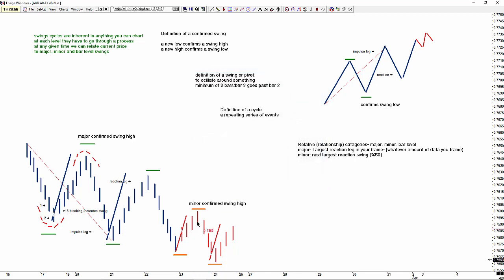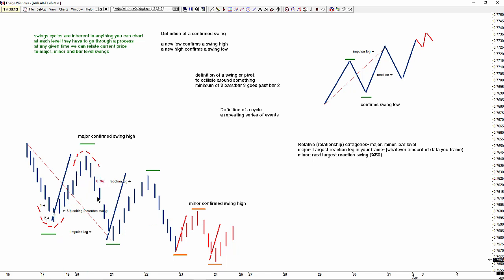Now look, they meet the same definition of a new low confirms a swing high. A new low confirms a swing high. We're just making a further distinction here, calling this minor and calling this major.